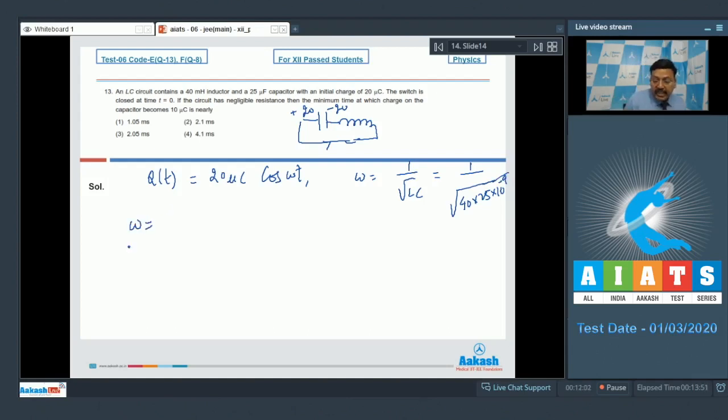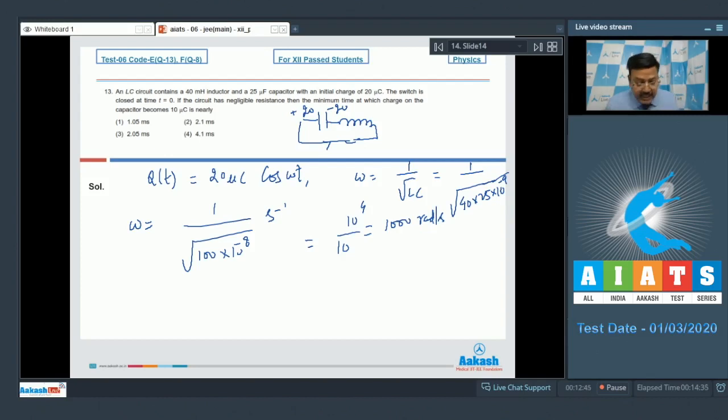So the value of omega is coming out to be 1 by 1000 into 10 to the power minus 9, and there is square root, of course. So this is, let's say, 100 into 10 to the power minus 8, and this will be second inverse or radian per second. This further will be 10 to the power 4 divided by 10, or simply 1000 radian per second. That is the value of omega.